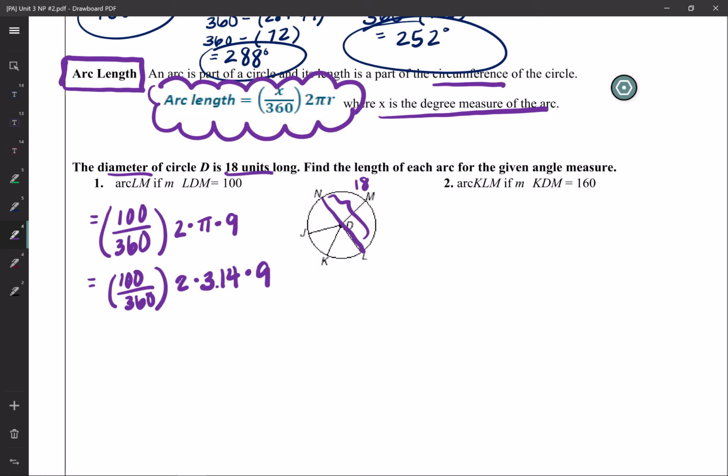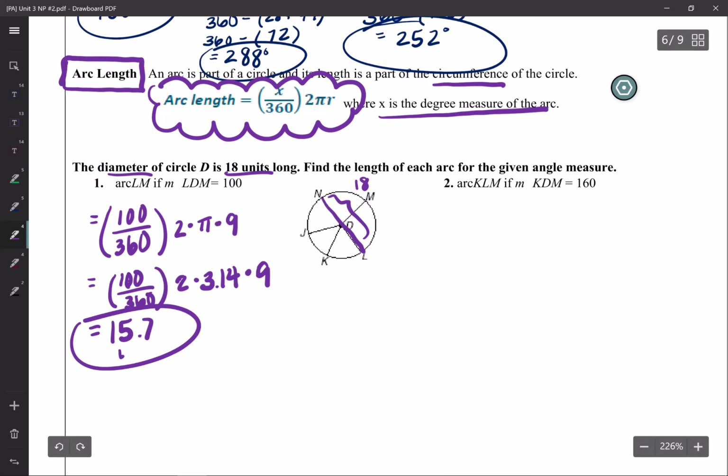But if I plug all of this in, give me a moment, this is what I get. I got about 15.7 for this first one. Okay, and I'll say 15.7 units.